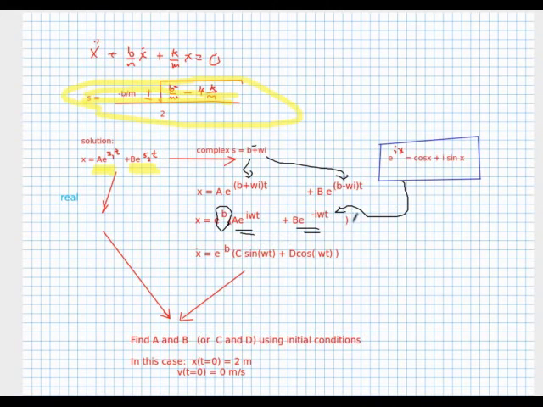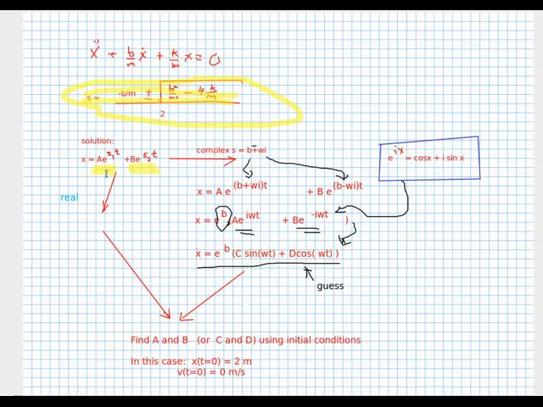You did that in your math class, but you can never do it too many times, so you should do it and show that you can rearrange and get e to the something times sines and cosines. Notice that this is the form of the equation that we would have guessed. This is what we were thinking that it had to look like.